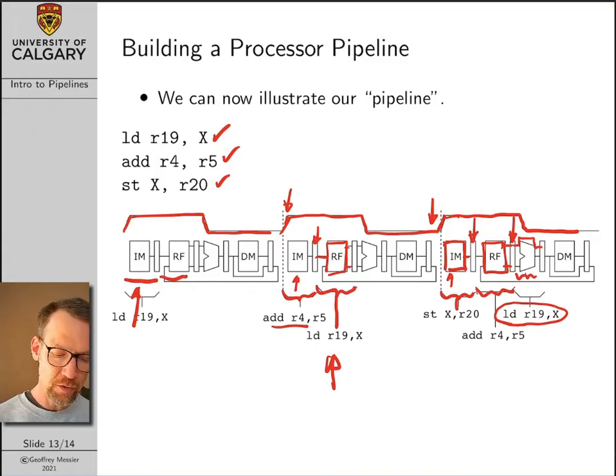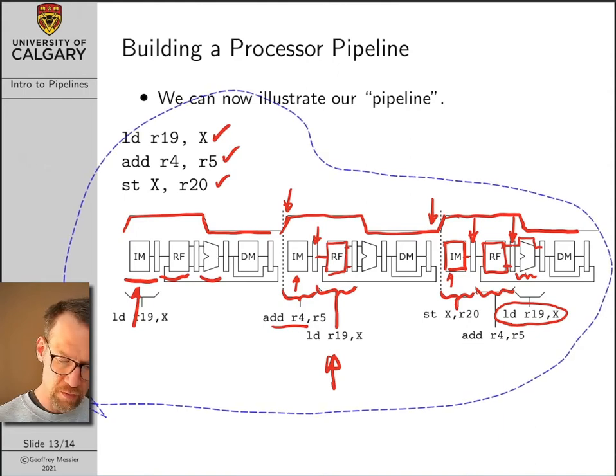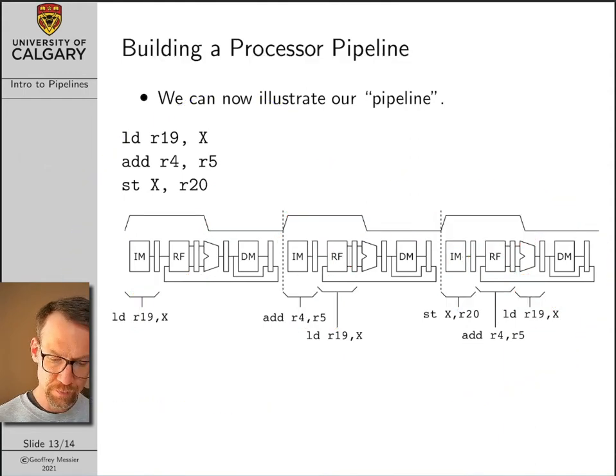Think of the read register phase as baking. Think of the ALU phase as cooling. And so if we get rid of all of this red, in this stage, we're mixing the dough for load.